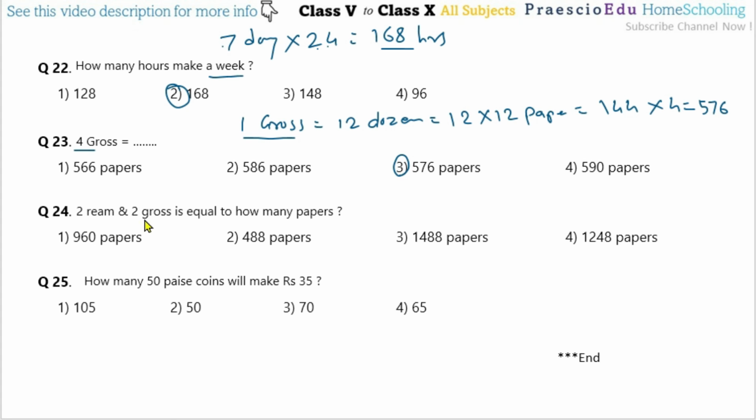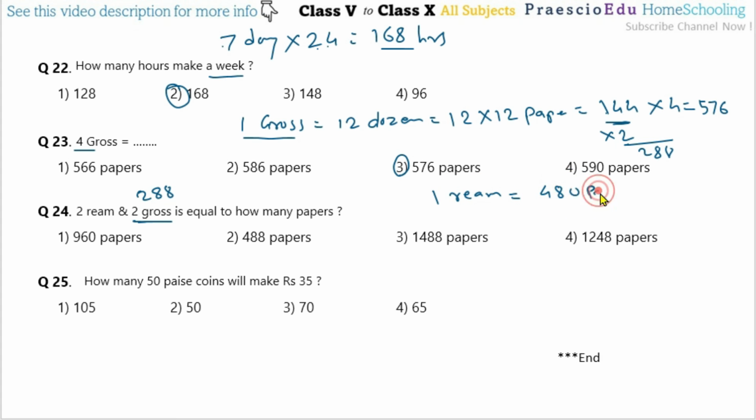Now 2 ream and 2 gross. So this 1 gross we have already calculated, so multiply by 2, that is 288. So this value we already got, 288 papers. Now 2 ream, so for 1 ream, as we know, 1 ream is equal to how much? 480 papers.